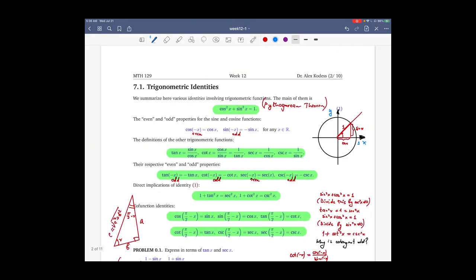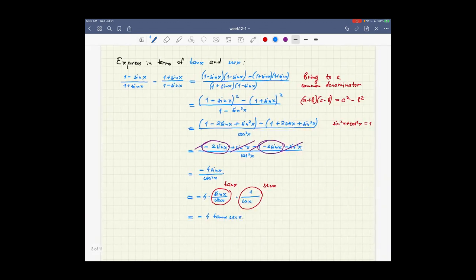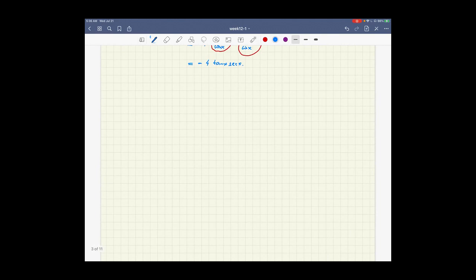All right, and the second problem there was to verify a couple of identities. So let me write it here.